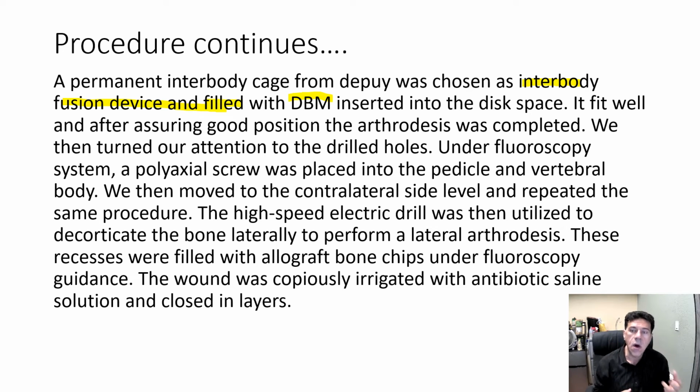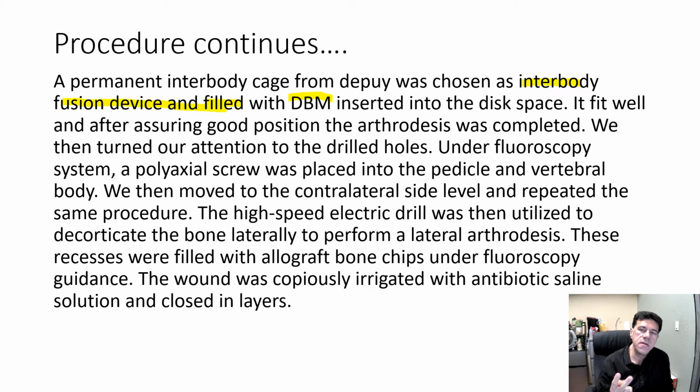If it's from the patient, it's autograft, or autologous. When it's not taken from the patient, it's allograft or non-autologous, right? In this case, it's non-autologous allograft material. So they use this material and put it together with the interbody fusion device and inserted it in the lumbar 4, lumbar 5 joint.